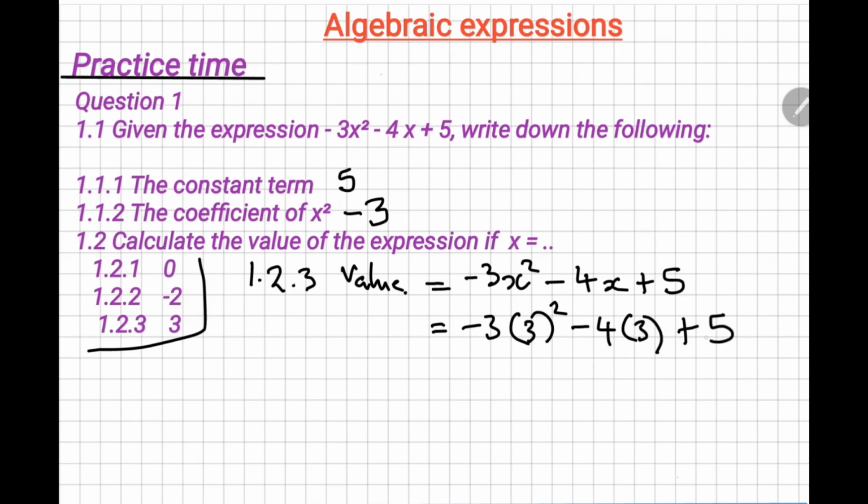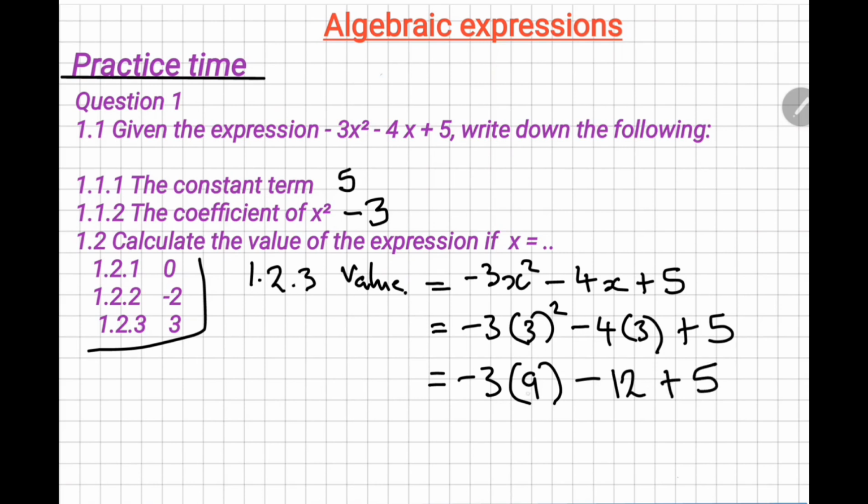So the expression becomes minus 3 times 3 squared minus 4 times 3 plus 5. What's 3 squared? 3 squared is 9. Negative 4 times 3 is negative 12 plus 5.